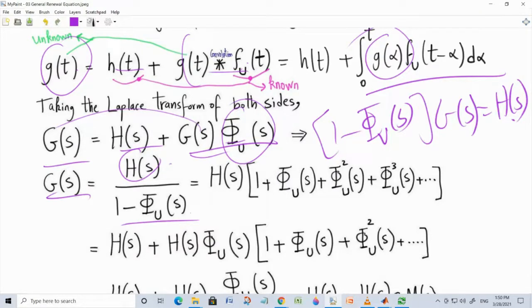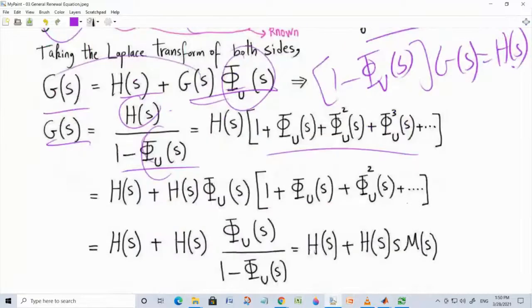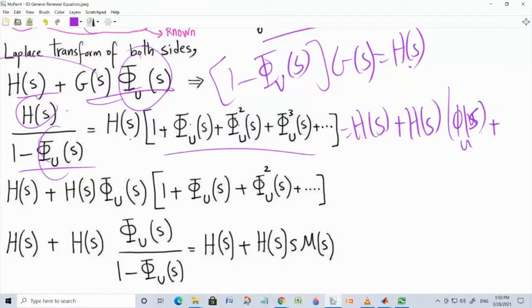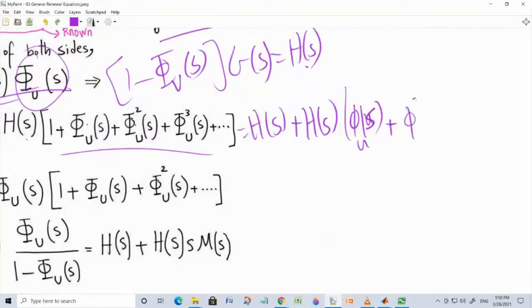Then again, if you choose the real part of s to be greater than 0, then the magnitude of this thing is less than 1. You can write down this series: you take 1 plus phi plus phi squared, and then you split this into two parts. So this is h of s multiplied by 1, plus h of s times phi of s plus phi squared of s, and so on.